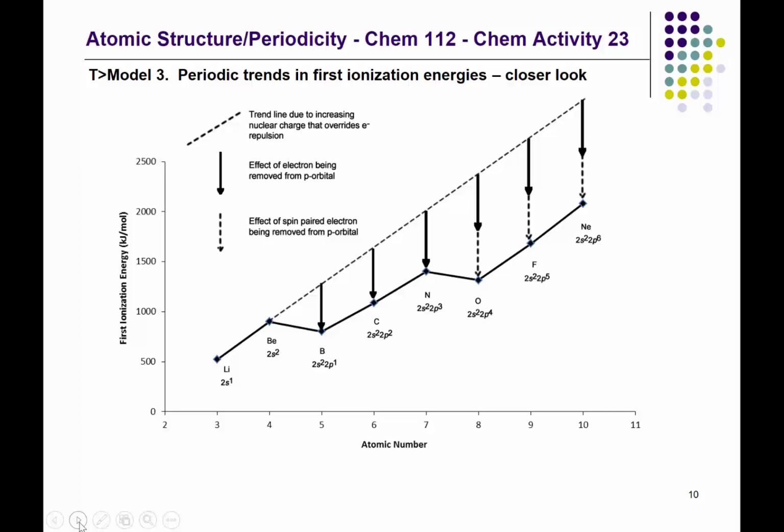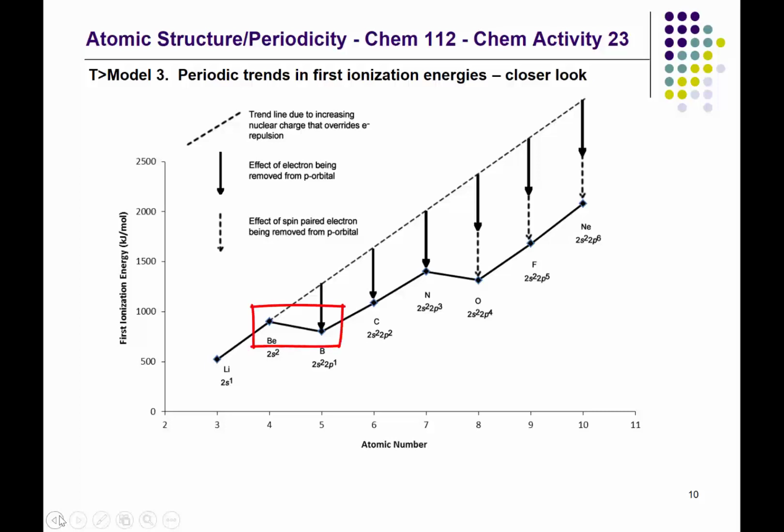I then have a dashed line, which in a sense shows how the ionization energy would increase if all that was happening was that the nuclear charge kept on increasing and overriding the electronic repulsion. And in a sense, if all the electrons were being removed from the same subshell, let's say all from the s orbitals, then that's what would happen. Of course, that's not quite possible because we don't have enough room in the s orbital.